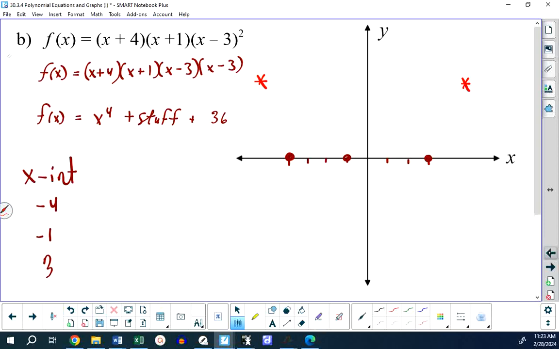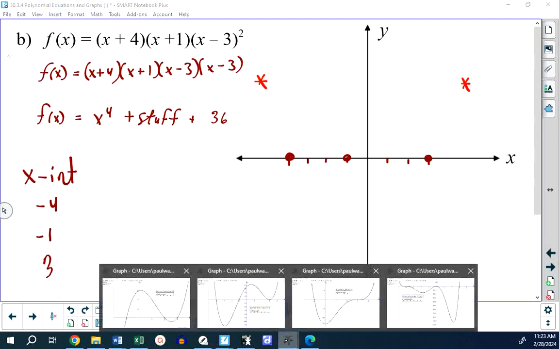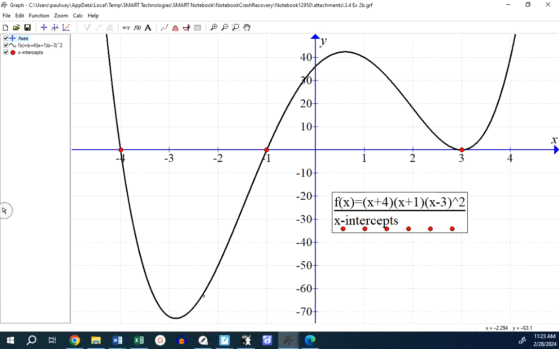But how are we going to draw this so it does that? Well, we don't know yet, but let me show you what the graph looks like. It looks like that. The graph comes down through -4, turns around, goes up through -1, starts coming down, and 3 is an x-intercept, but it doesn't go through it.